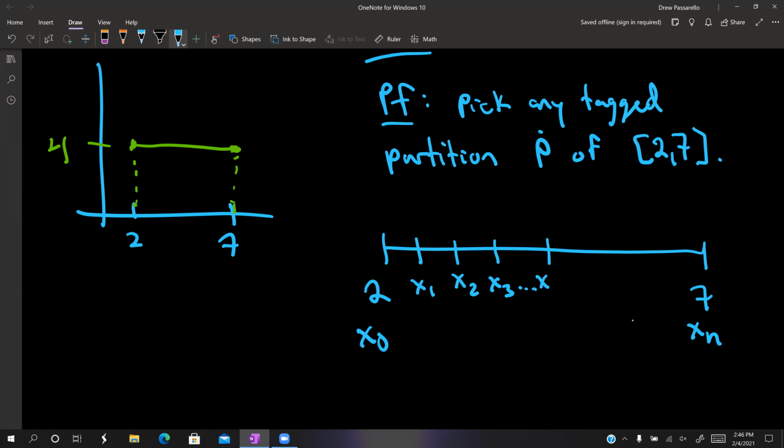Let's say I get to the ith one, so that's x i plus 1, dot, dot, dot, and then we get down to x n minus 1, and then x n.